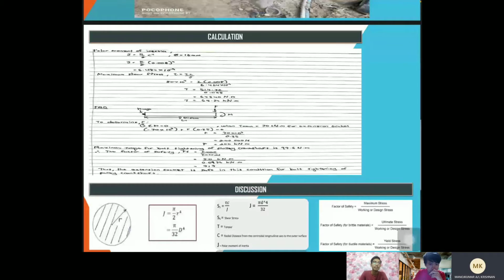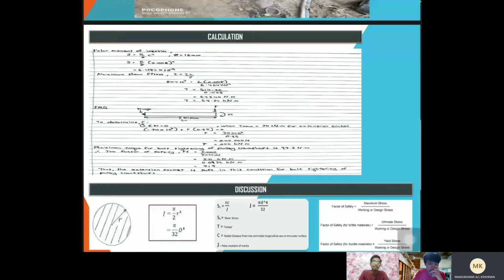So the first calculation is polar moment of inertia, which is J equals pi over 2 times c to the power of 4. When diameter is 16 mm, J equals pi over 2 times 0.008 to the power of 4, and the answer is 6.434 times 10 to the power of -9.